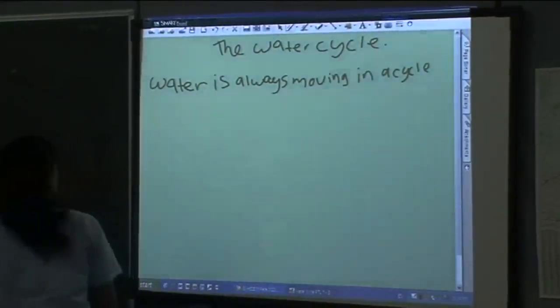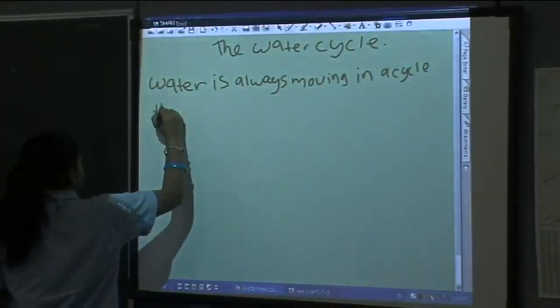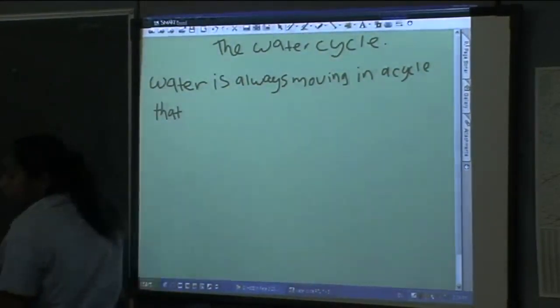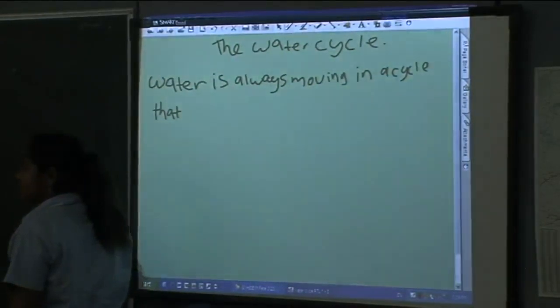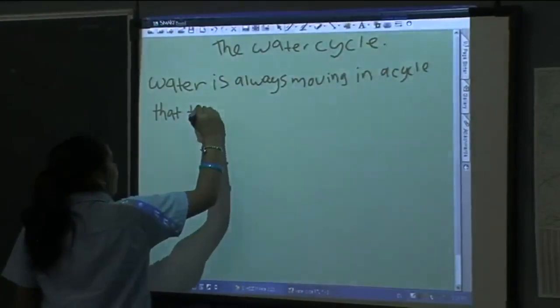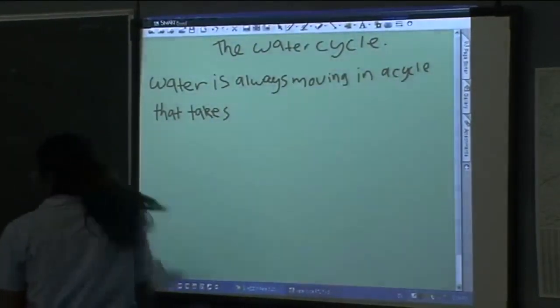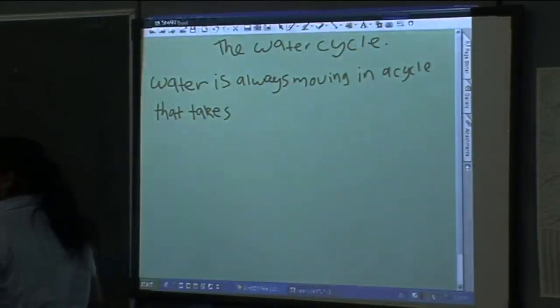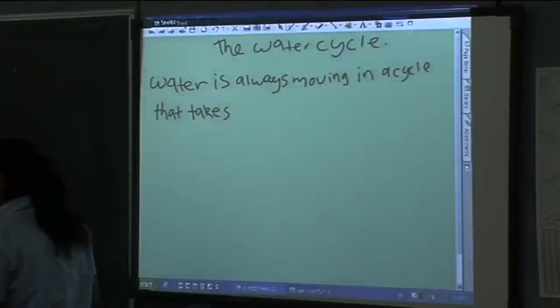That, what did we say? It started with a T, we said it transfers. Takes. Okay, that takes. Takes what? Water. We're going to say water again? Well, let's think about it.